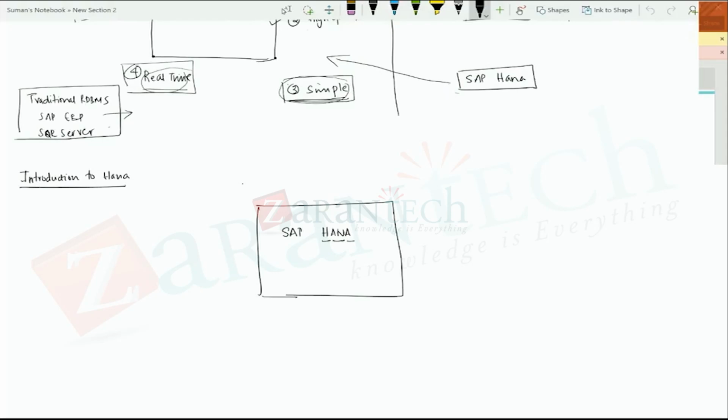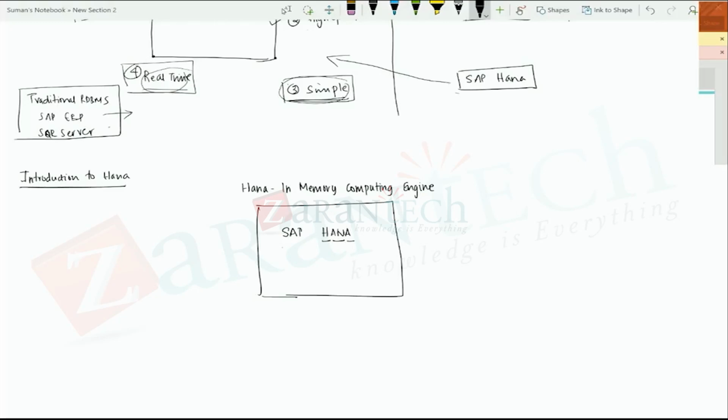In layman's terminology, you probably would have heard this concept, that SAP HANA is an in-memory computing engine. Let's dive a little deeper and understand what this product is all about.